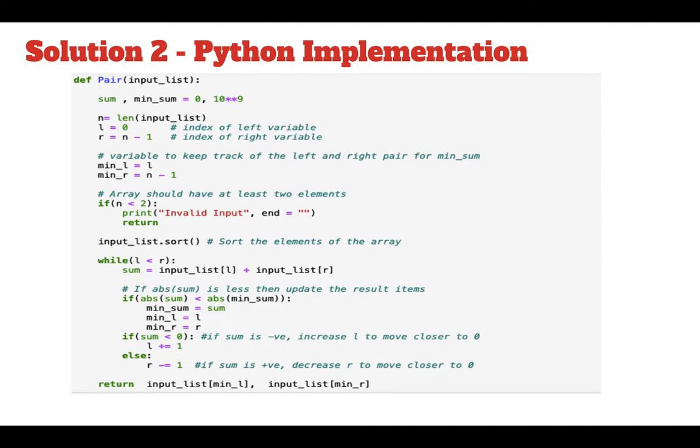So while the left index is less than the right index, we are going to update the sum variable to input underscore list of L plus input underscore list of R. So basically sum is the sum of the values at index L and R. If the absolute value of this sum is less than the absolute value of the minimum sum, then we are going to update the minimum sum to sum as well as update the index values of minimum underscore L and minimum underscore R, which are the index values at which the sum is the minimum.